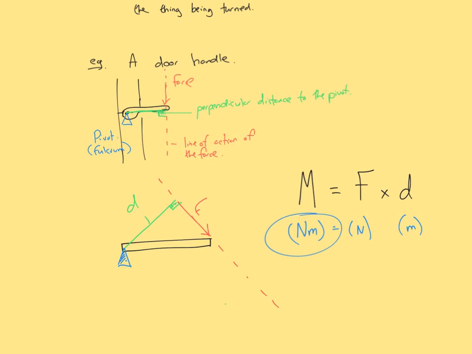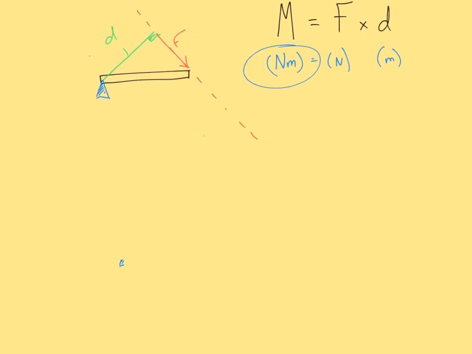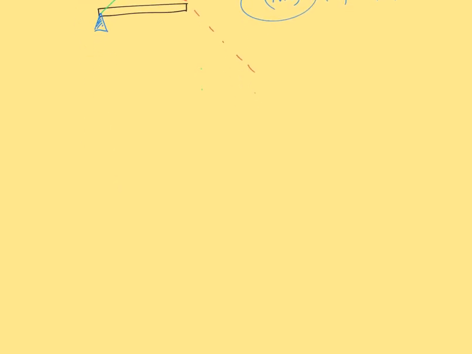So let's just do a couple of quick examples. Let's take one which is simpler and more straightforward. So let's say you have some kind of lever. You have the pivot at one end. Now the force, it can be hanging off the bottom of here or pushing down.